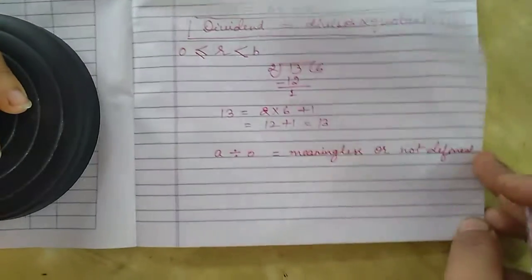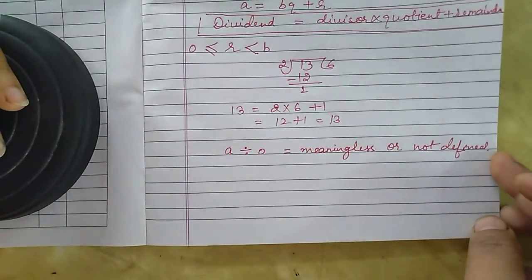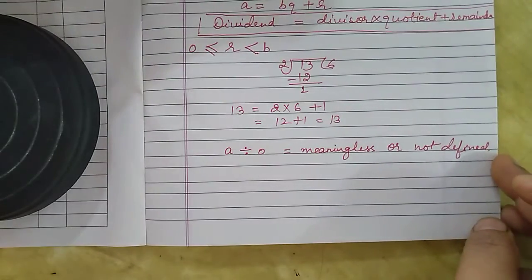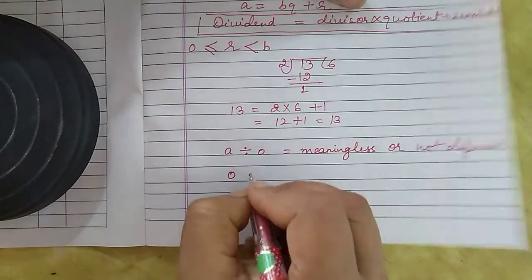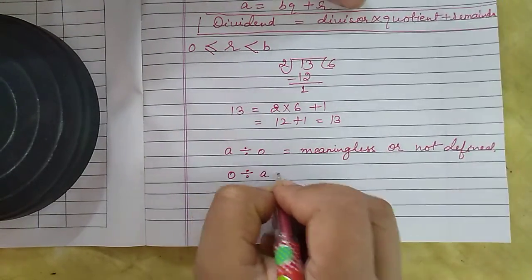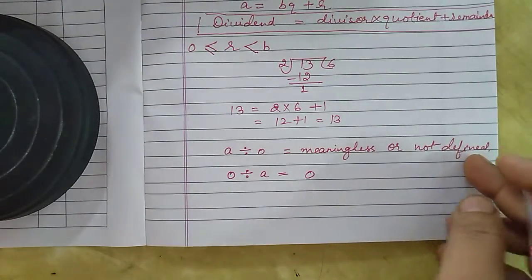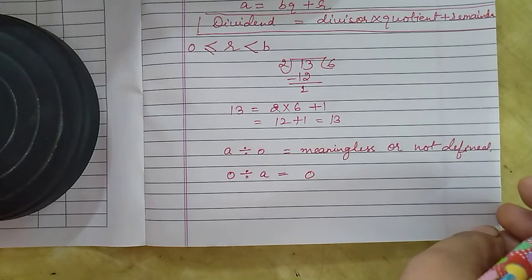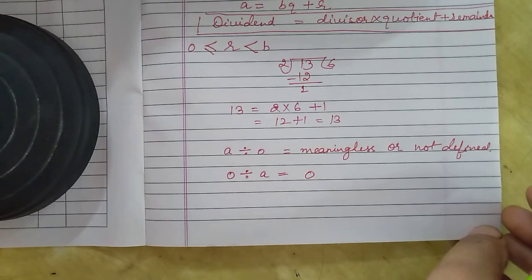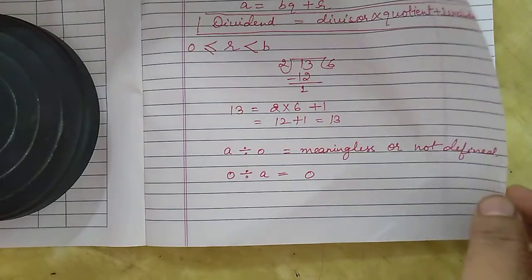So a divided by 0 is not defined. And if we divide 0 by a, then we'll get 0. It is not necessary that if we divide two whole numbers, we'll get a whole number only. So division of whole numbers does not fulfill the closure property also.